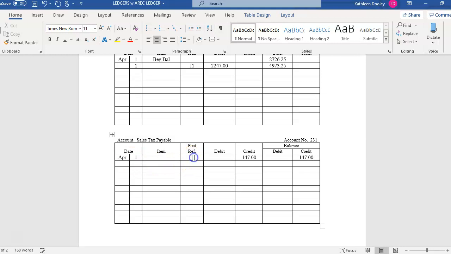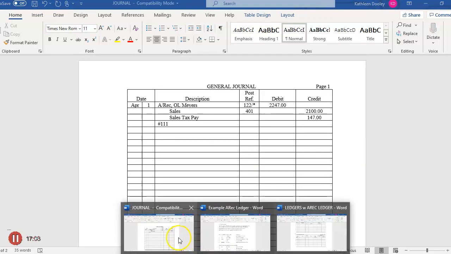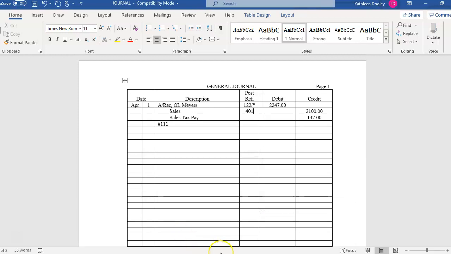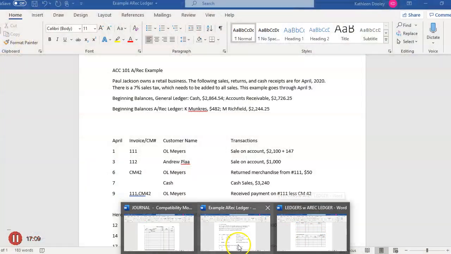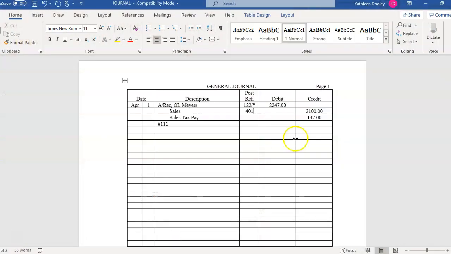Where did this information come from? J1, and go back to the journal. And oops, let me see. I think that's account 231. Yes. Okay, account 231. Okay, so now this entire transaction is posted.